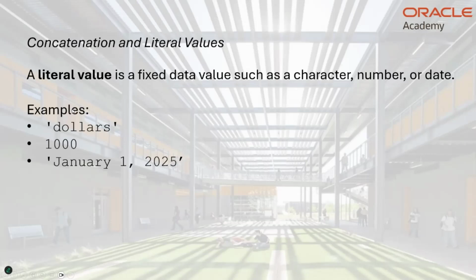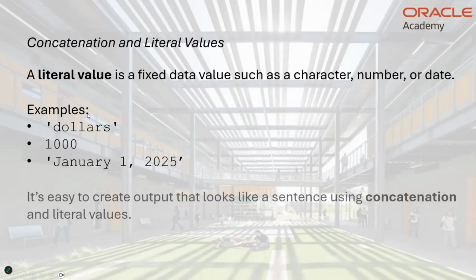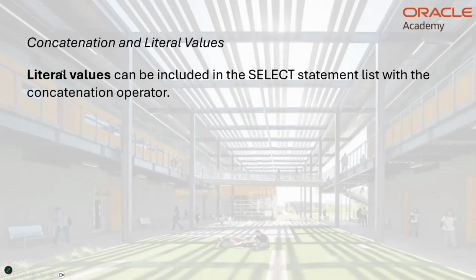Even though this is a date, it is actually a string because it's enclosed in quotes. This is a number and this is another string. It depends on the data type. It is easy to create output that looks like a sentence using concatenation, so literal values can be included in the SELECT statement with the concatenation operator.